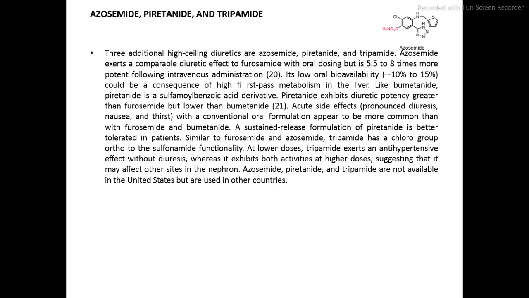It also produces some adverse effects that are quite similar, but because furosemide and bumetanide have the sulfonyl group, ethacrynic acid has somewhat different adverse effects. Also it produces ototoxicity and gastrointestinal effects.